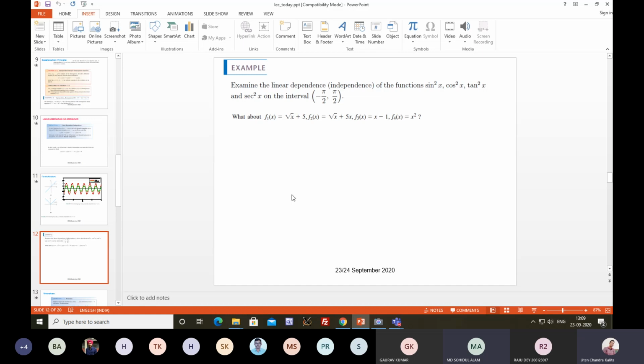Are they linearly dependent or independent on the interval negative pi by 2 to pi by 2? Dependent. Why? Because sec square x equals sin square x plus cos square x plus tan square x. So basically I can have sin square x plus cos square x plus tan square x minus sec square x to be 0, isn't it?